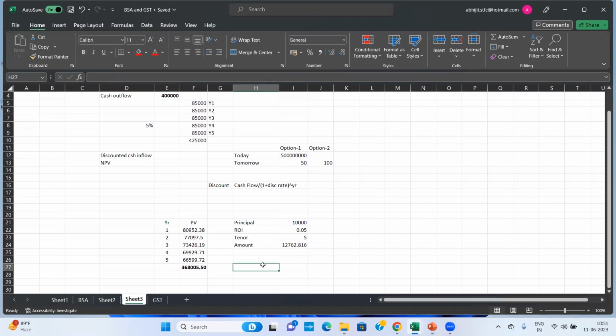Ideally, my PV of cash inflow minus my cash outflow has to be positive to choose a project. If it is negative it means I am running into a loss. So here it is negative. This minus this. So it's negative 31,994.50.